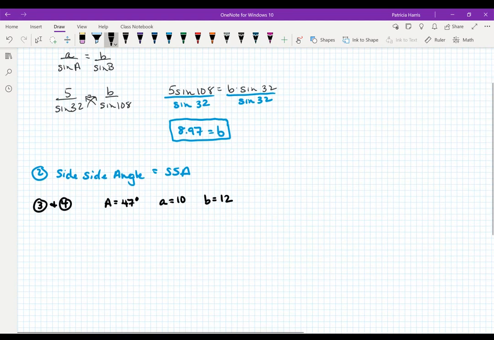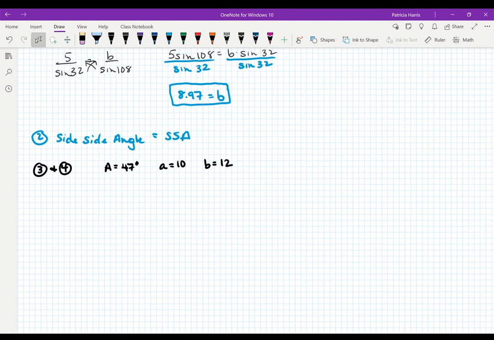This problem is kind of nice, because it straight out tells you that there's going to be two triangles. Again, this is law of sines. But this time, since I'm looking for an angle, I have to use that sine inverse.